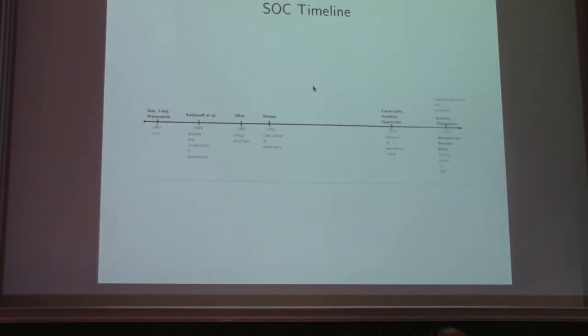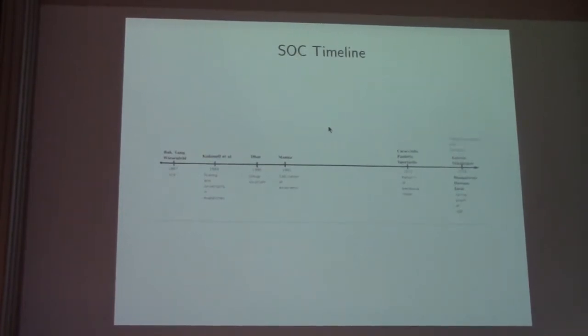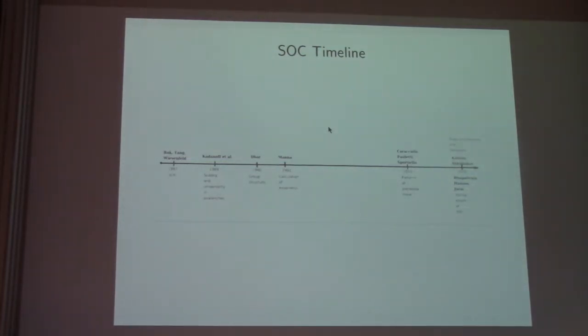Caracciolo, Paoletti, and Sportiello in 2010 noticed the piecewise linear patterns and some dynamics. They are extremely clever. Now Kalinin and Shkolnikov in 16 prove this theorem. The idea is this minimization, but then you have to be very careful and it has a lot of things to check.